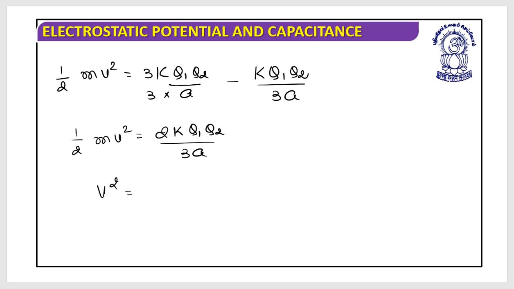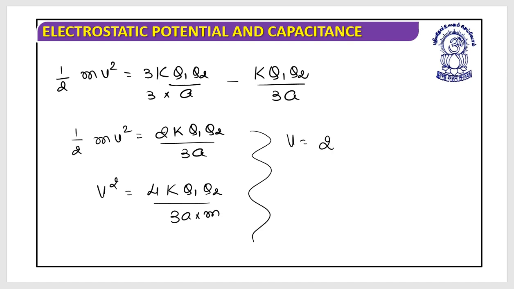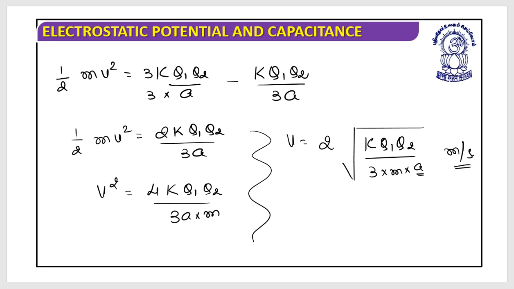So v square should be equal to 4KQ1Q2 divided by 3a multiplied by mass m, and for v I can write 2 under root of KQ1Q2 divided by 3 multiplied by m into a. a is the separation, meter per second. This is the answer.